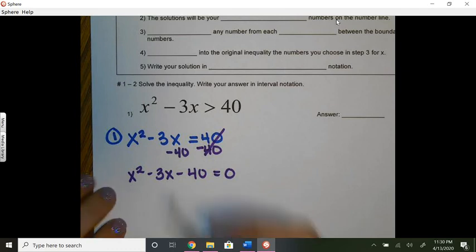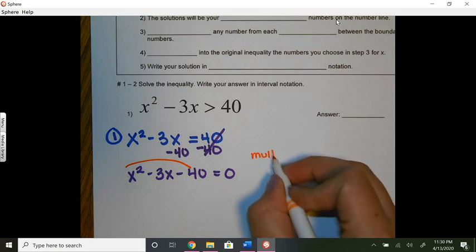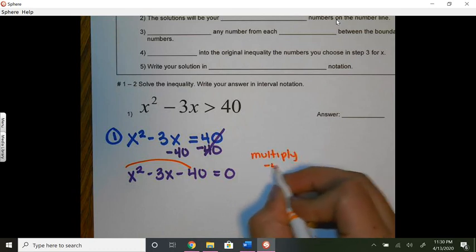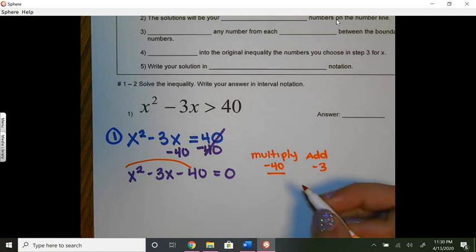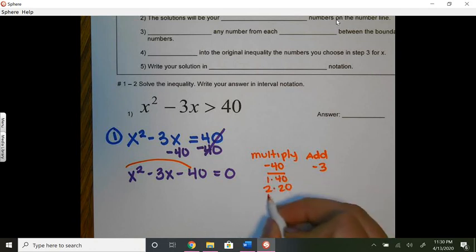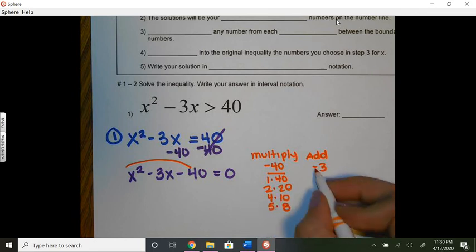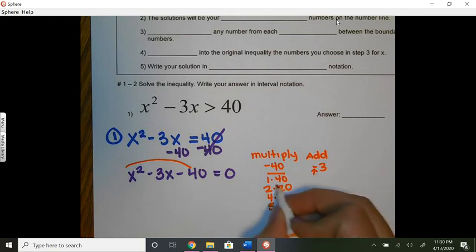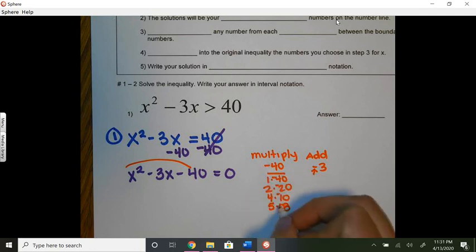So if I want to factor this, I would have to think of what multiplies to negative 40, and it has to add to negative 3. Since it has to add to a negative, we know the bigger number is the negative one, and the smaller one's positive, because it has to multiply to a negative, so a negative times a positive.